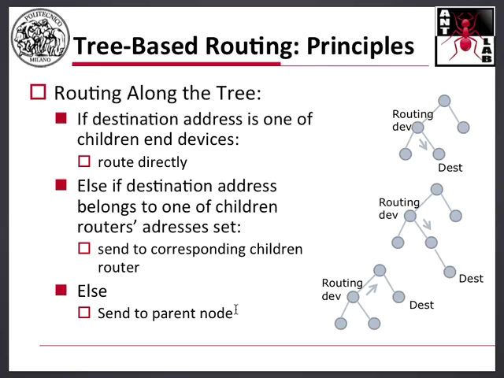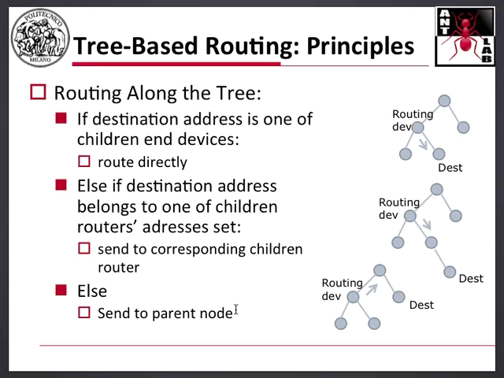A routing table is something which tells you for any destination address what is the next stop you have to implement. In this case, you don't need any routing table because you actually enforce the routing to happen along the tree, and you know by construction of this tree where your destination is.